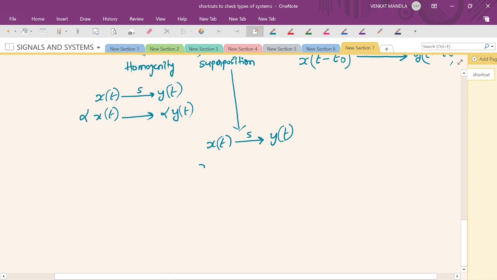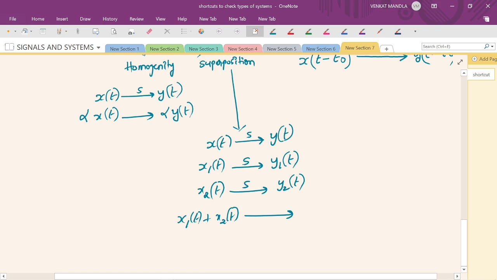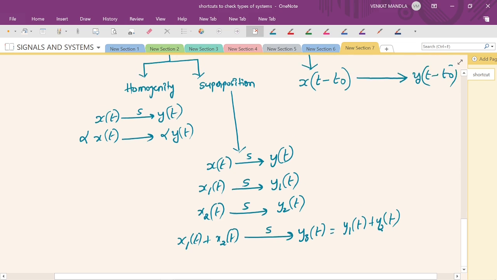If I apply x1 of t as the input, let's say the output is y1 of t, and x2 of t is applied, let us say y2 of t is the output. Then I apply x1 of t plus x2 of t as the input. If I get, let us say, y3 of t equal to y1 of t plus y2 of t, then the system obeys the superposition principle.